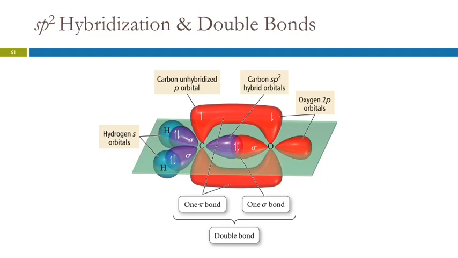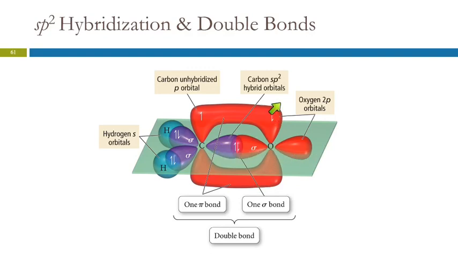This is like really bizarre balloon art, right? Okay, so what do we have going on here? Here's the carbon, and the purple is the sp2. sp2, there's 3 orbitals, and they're spread out in a triangle. One of those overlaps with a hydrogen, one of those overlaps with another hydrogen, one of them overlaps with the oxygen.